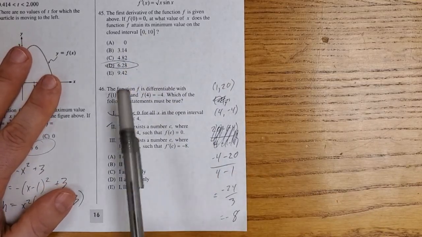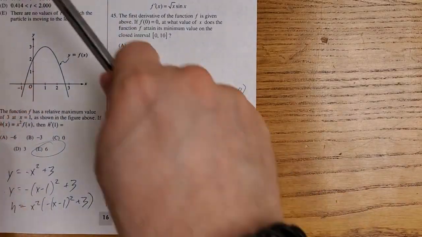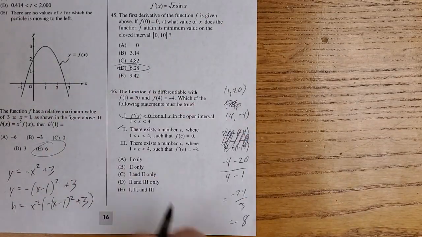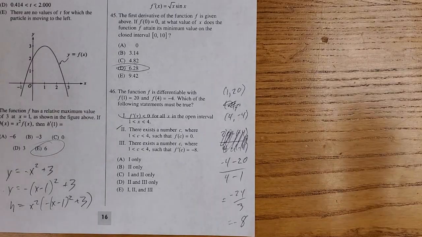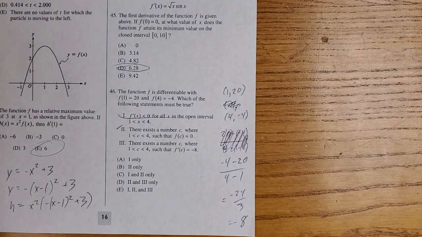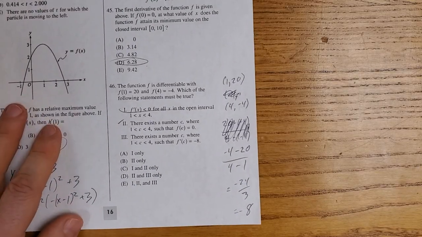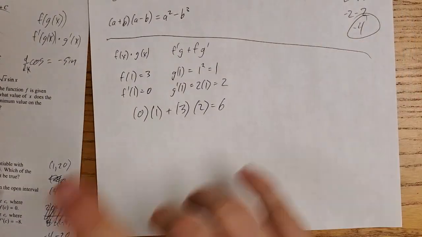But remember, back in Roman numeral 1, we said we don't know for sure that it just goes in a straight line. It could curve up and back down. It could curve down and back up. But if you think about it, and I believe this is called the mean value theorem, let me draw it out.